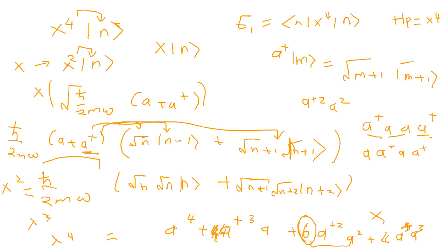Just notation. Some people call them ladder operators because if you start with the nth state and you hit it with a dagger, this takes you to the n plus 1. Let me also explain the terminology.